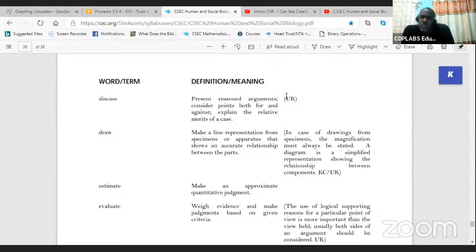So don't just call someone names, because you must argue. You must not be biased. Argue both for and against. You must give supporting details for something or against something. Both. Explain the relative merits of a case. Why is it important?